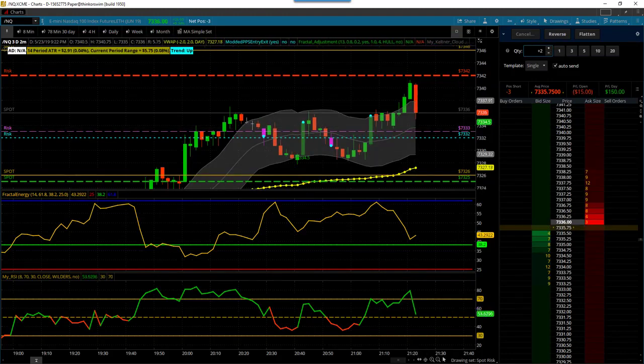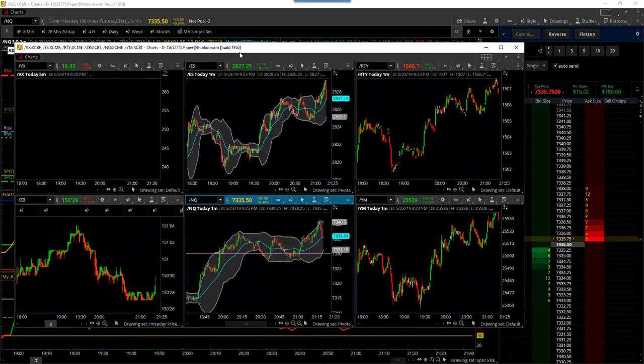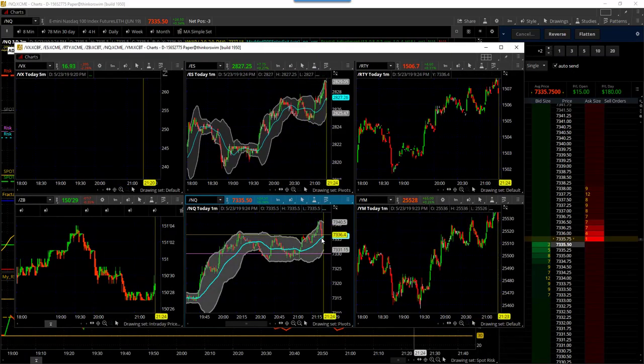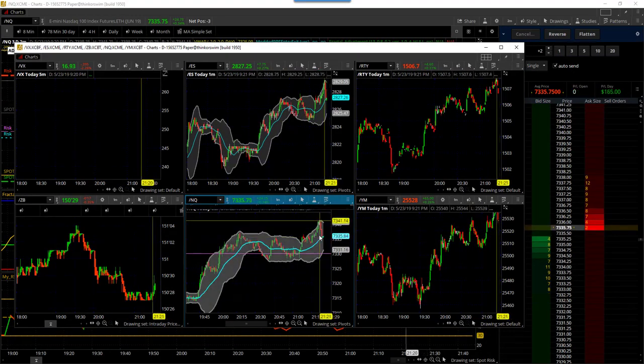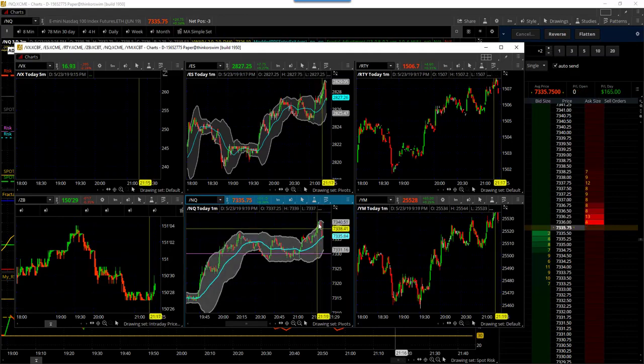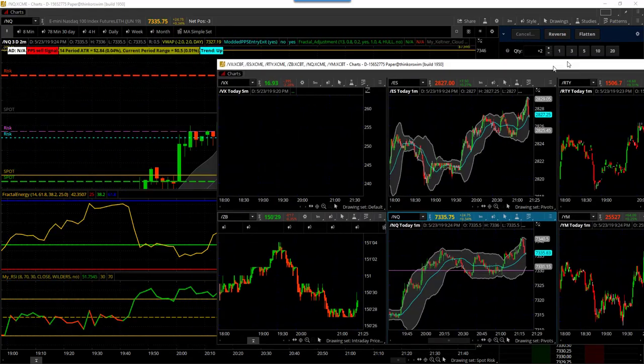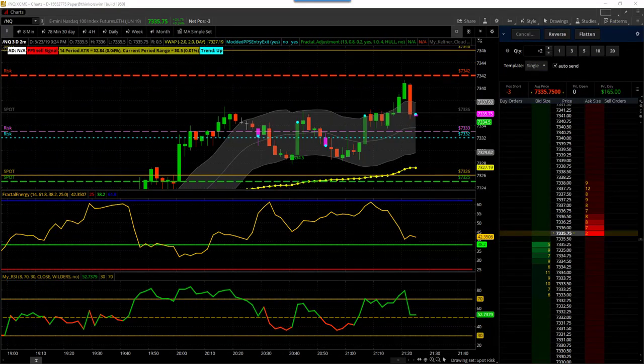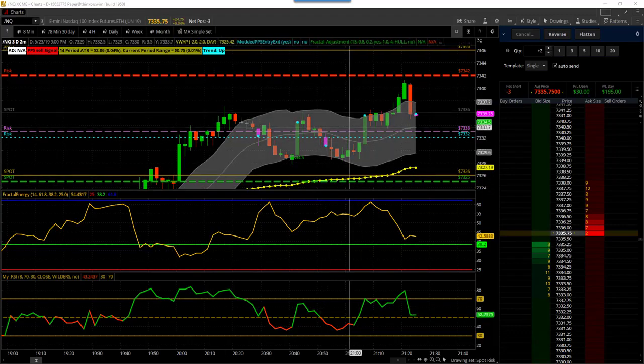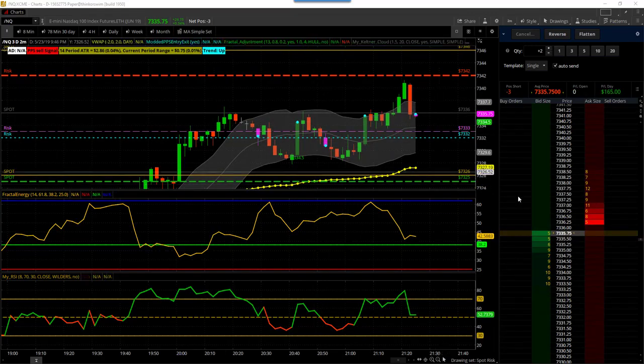And on the 1-minute chart, you can see that we're coming down to the center of the Bollinger Band. We barely broke out of the Bollinger here at that last green candle, but that is on a 1-minute, and this is on the 2-minute.